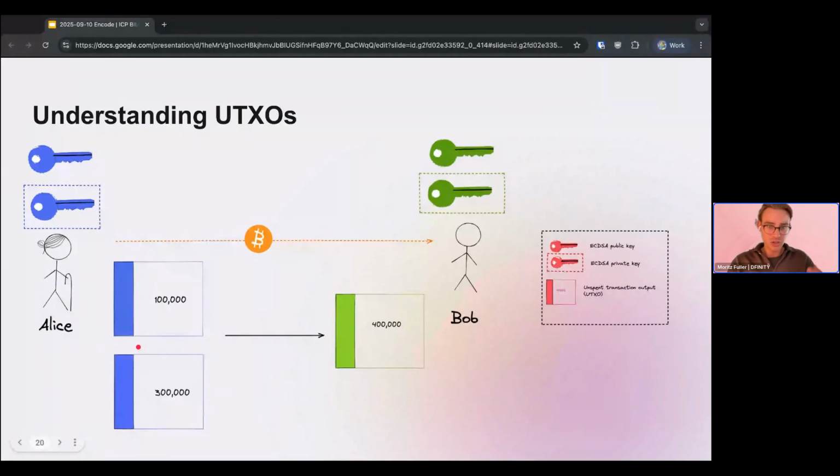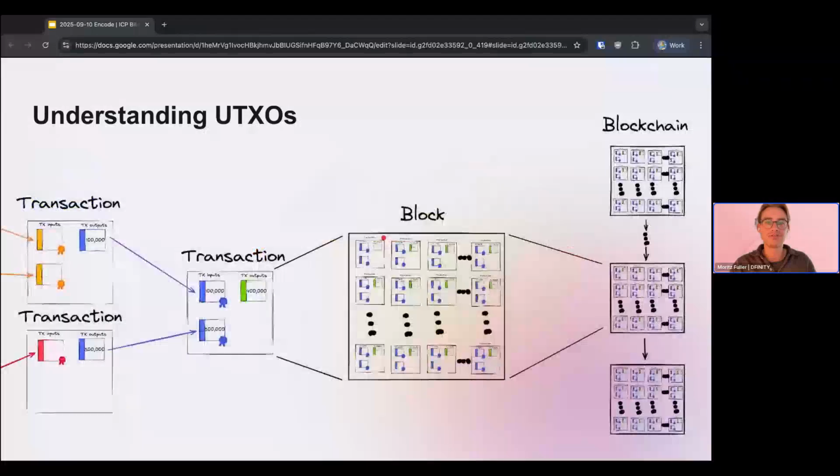And to do so, Alice has to consume 2 UTXOs. A UTXO is basically an unspent transaction output, so a transaction output that has not been spent yet. So she spends those 2 UTXOs, one for 100K and the other one for 300K, which adds up to the 400K that she wants to send over to Bob.